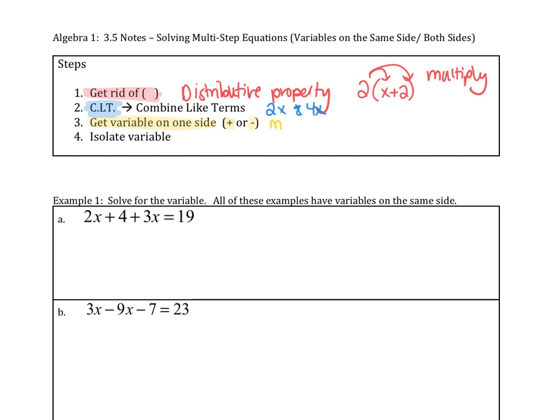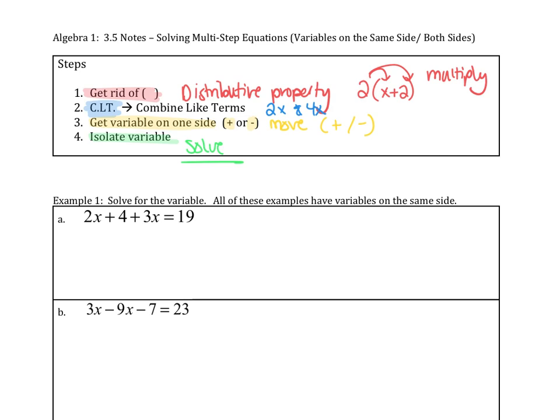So whenever you are moving something, it is always adding or subtracting, okay? And then the last step is obviously your final goal in all of this, and that is to isolate the variable. Which, in other words, it means solve, right? Get a number for your variable, okay?